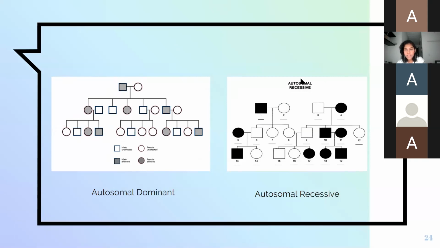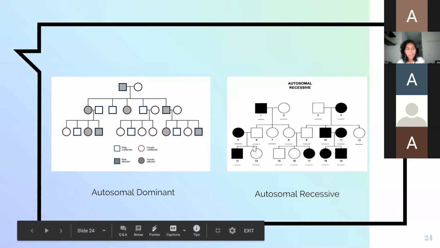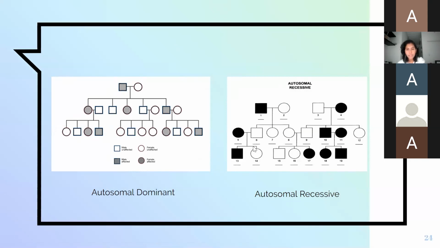In autosomal recessive, it can be inherited in every generation, but sometimes it is also likely to skip generations. So when looking at these pedigrees, you have to look at both and consider whether it's autosomal dominant or autosomal recessive, just by tracing and looking.